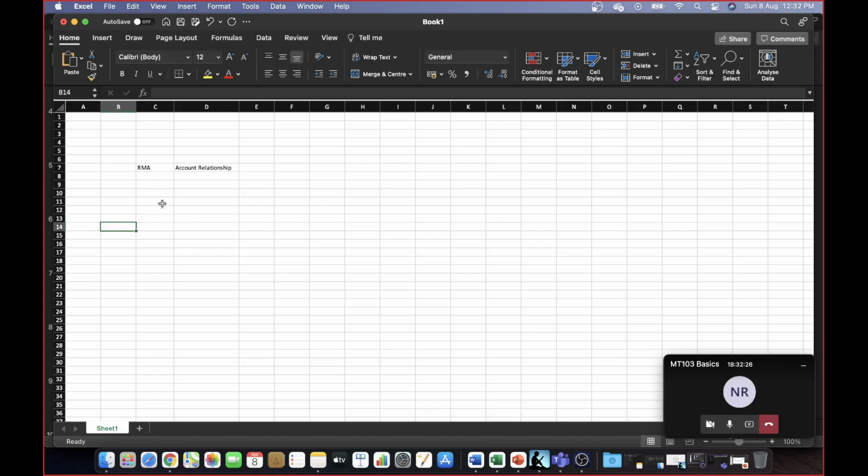So what we can do is, if RMA is yes and accounting relationship is no, then the cover method is used. If RMA is yes and accounting relationship is also yes, then the serial method is used.